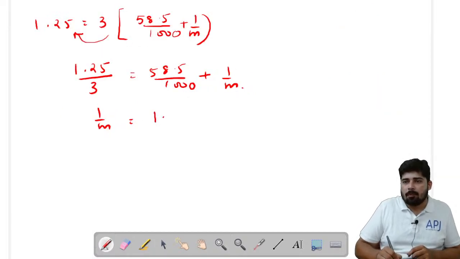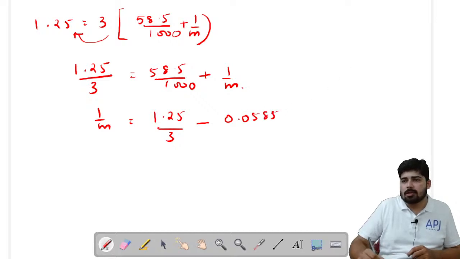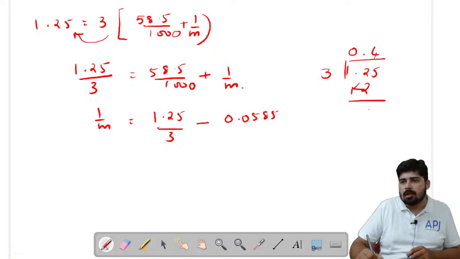That is 1.25 divided by 3 minus 0.0585. So what is 1.25 divided by 3? You can divide by 3, so it will become point. 12 means 4 times will be 12, and now 5, it is 0.41, right? It is 0.41. So 0.41 minus 0.0585.